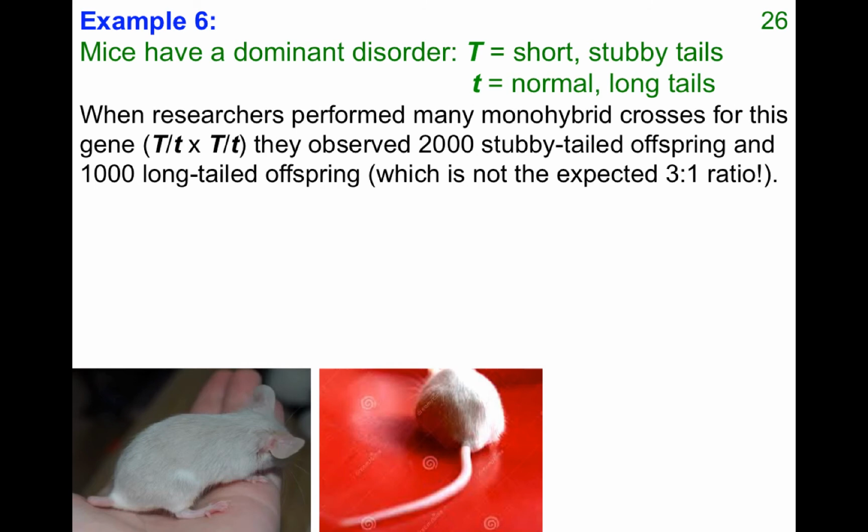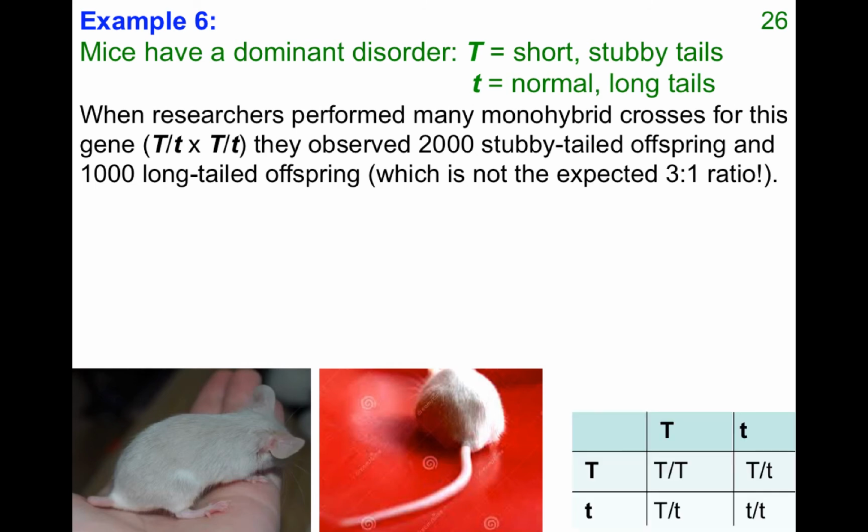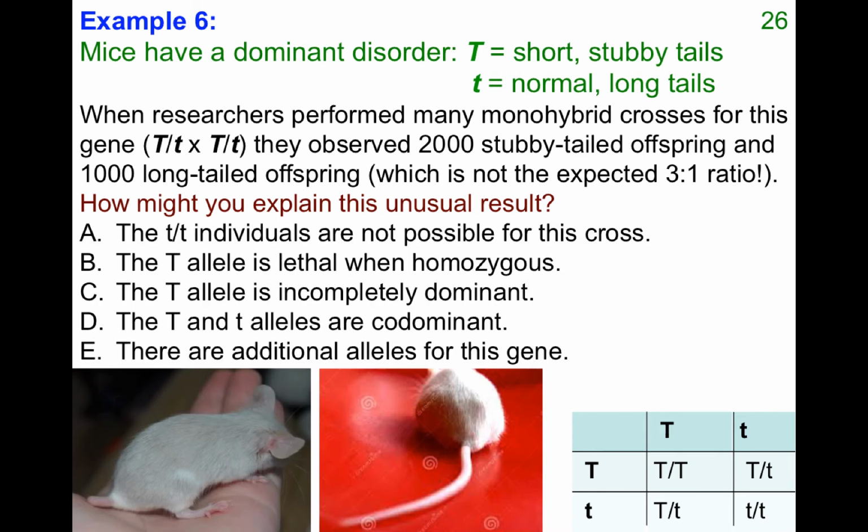But that's kind of weird, because remember from our monohybrid crosses with complete dominance, we expect to see a 3-to-1 ratio of the dominant phenotype to the recessive phenotype. And we have enough results that this is probably not random chance or just some weird luck. So how might you explain this unusual result? Pause the video and make a decision.